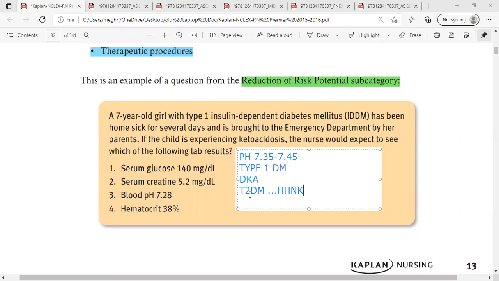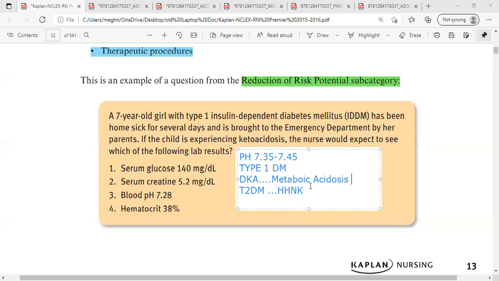This is the complication of type 2, but DKA is the complication of type 1. When a patient has DKA, the pH goes down and metabolic acidosis occurs. It is the complication.